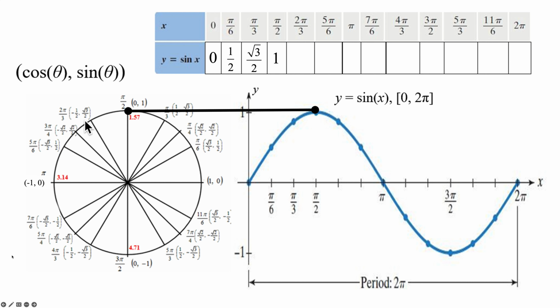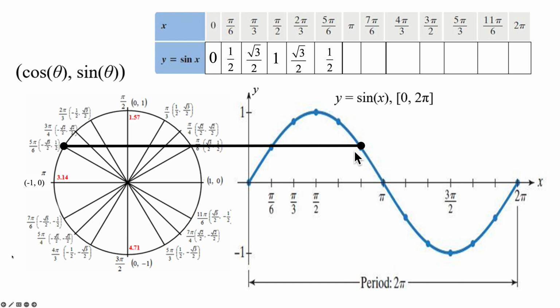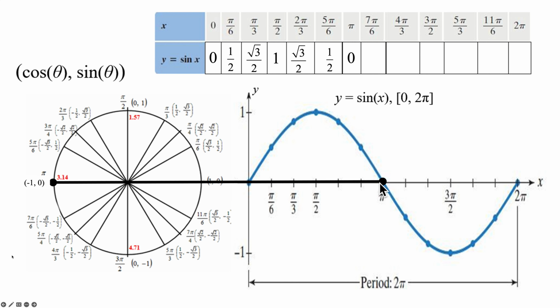Now as we go back here into quadrant 2, looking at these y-coordinates, at 2 pi over 3, I'm at radical 3 over 2, again, straight relationship. 5 pi over 6, we're at 1/2. And when we get to pi, my y-coordinate is back to 0. 7 pi over 6, we go to negative 1/2.